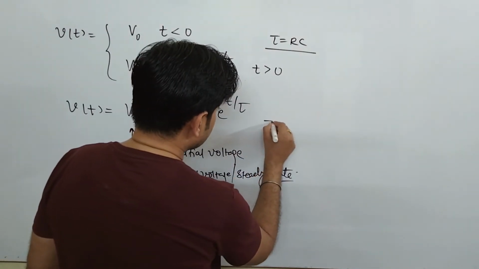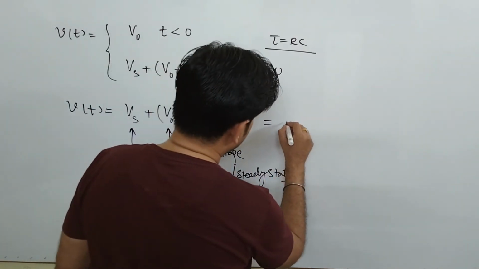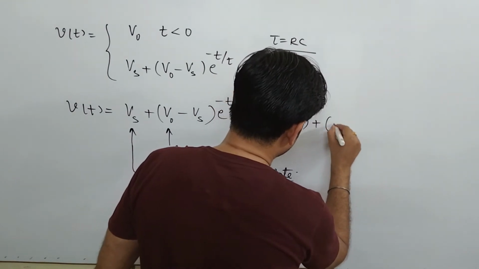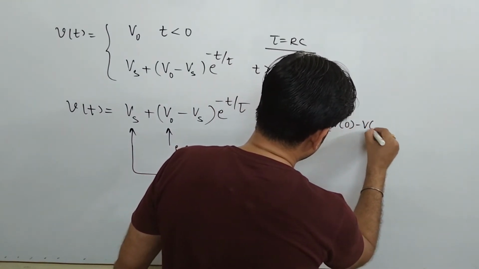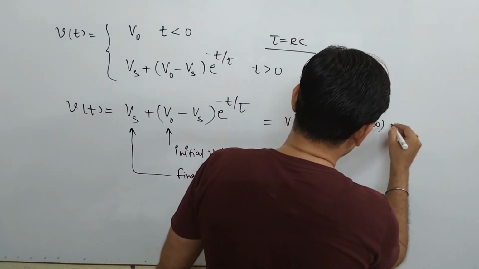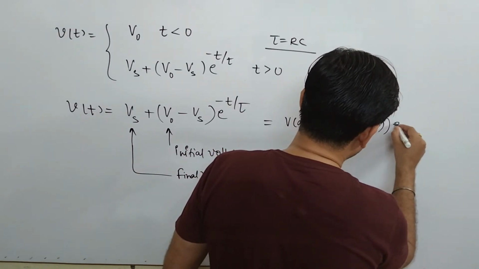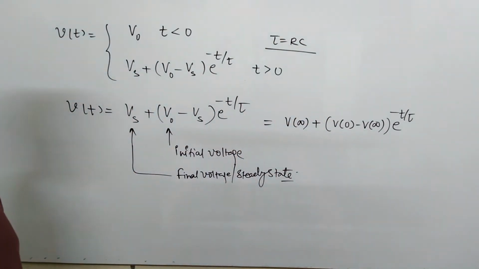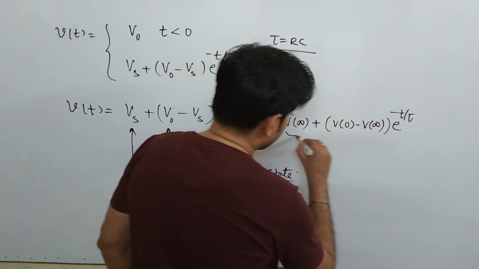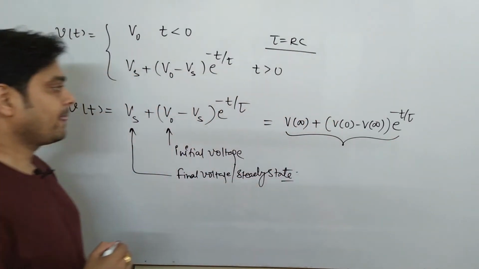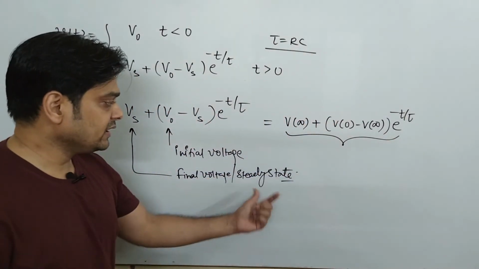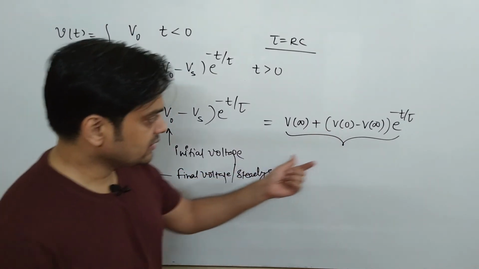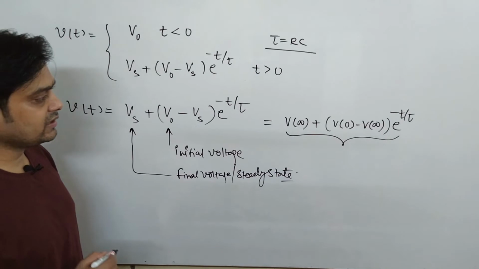So I can write this equation in the form of V infinite plus (V0 minus V infinite) into e to the power minus t by tau. This is now basically the solution, and you will find this equation everywhere, where V infinite represents your steady state value of voltage, V0 is your initial voltage, and it is e to the power minus t by tau.